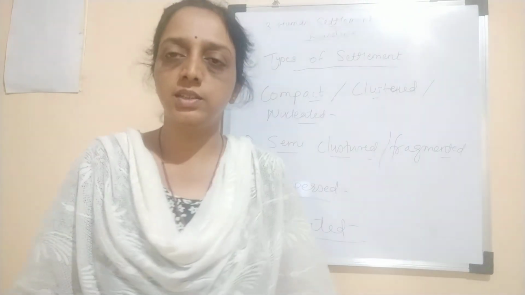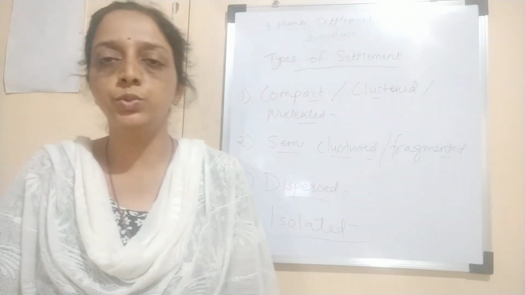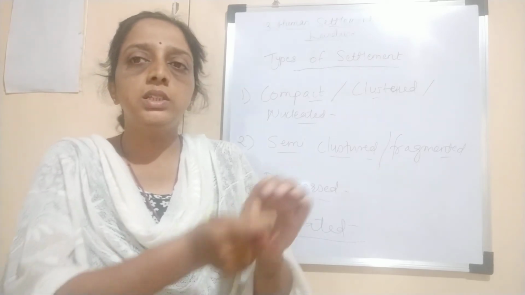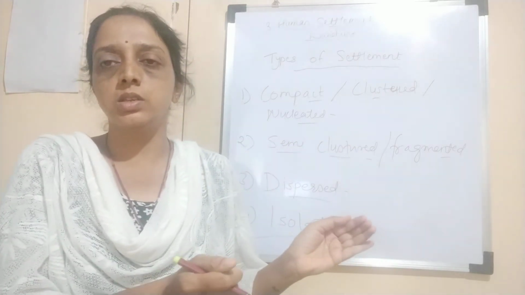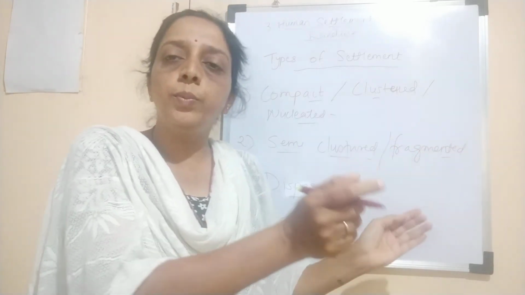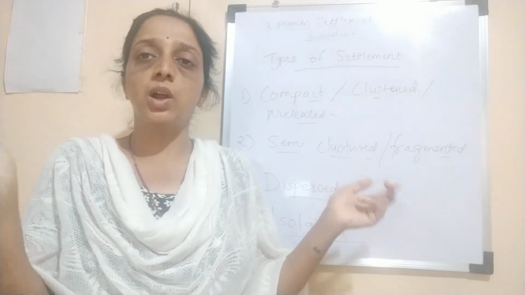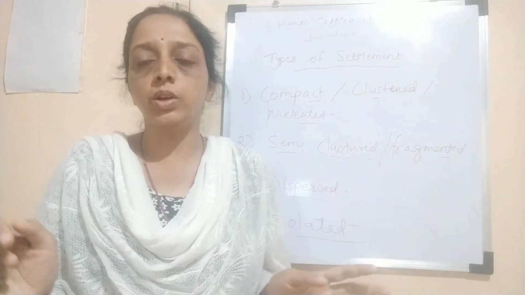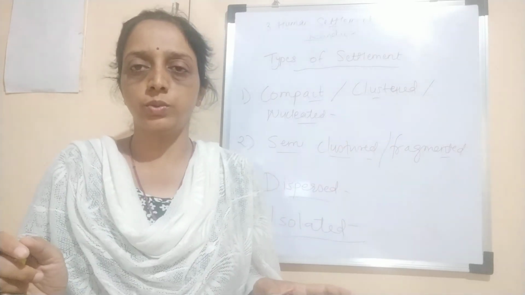Now isolated settlement, the name itself gives us the idea: isolated. This is a group of houses at a particular place, and that much group is living there, and in the surrounding far areas there is no cluster, there are no houses.